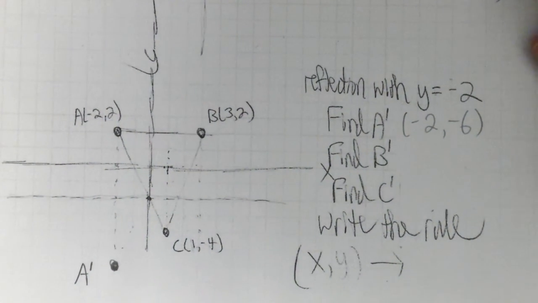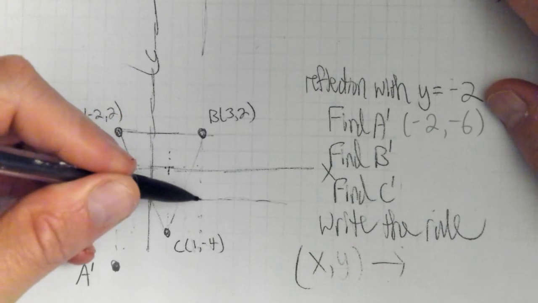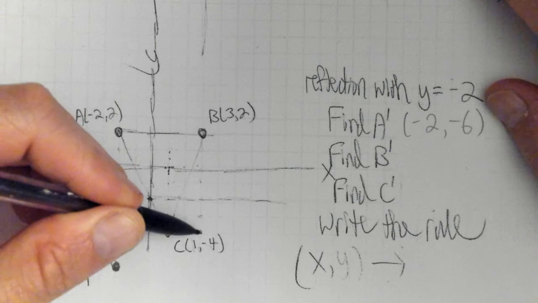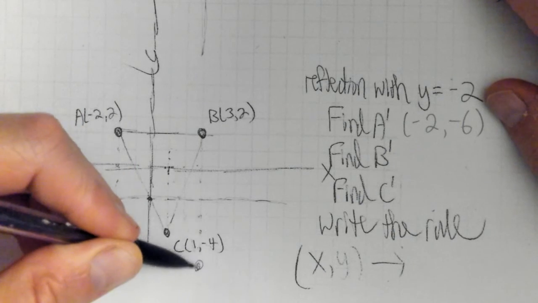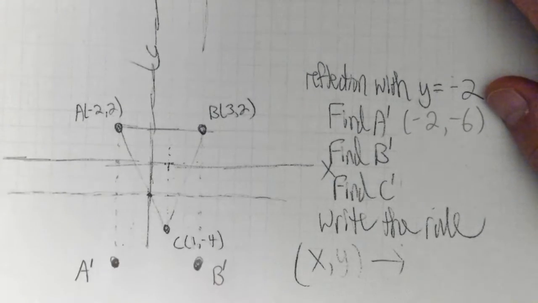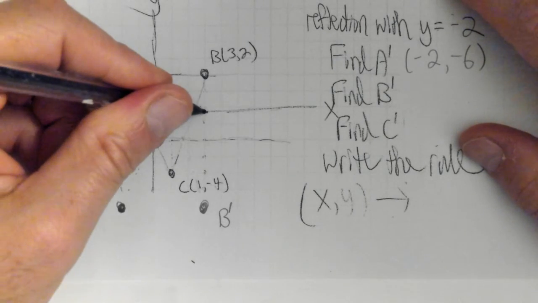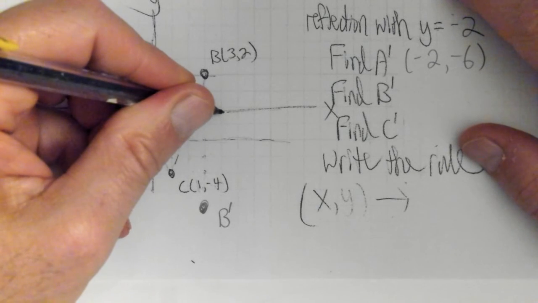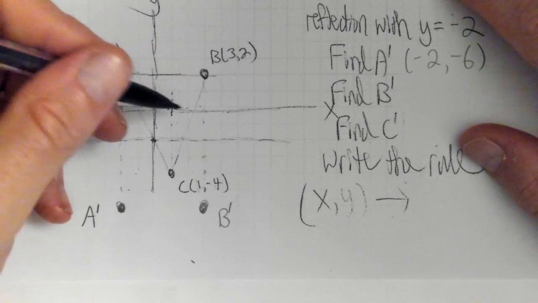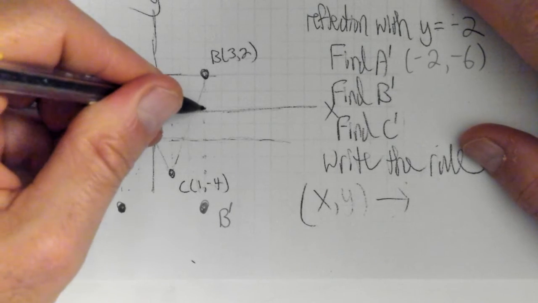All right. Now for B prime, we'll use the same procedure. It's 1, 2, 3, 4. So we'll go 1, 2, 3, and 4 down. And there's my B prime. I do want the coordinates for it. Wait a minute, let me count that again. 1, 2, 3 is the right count.